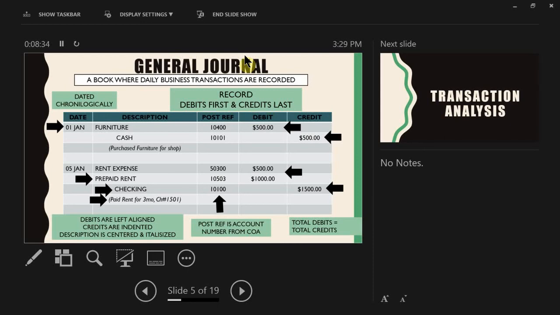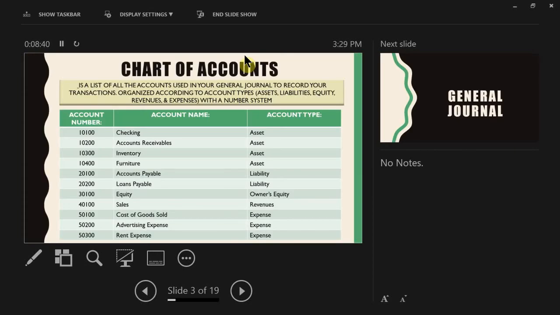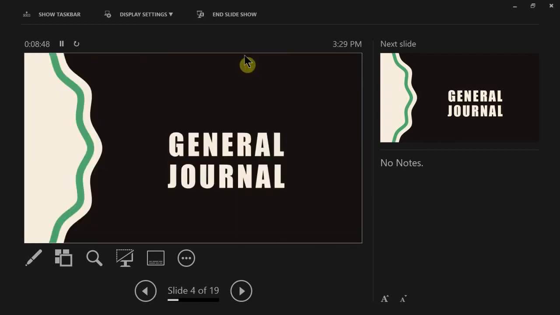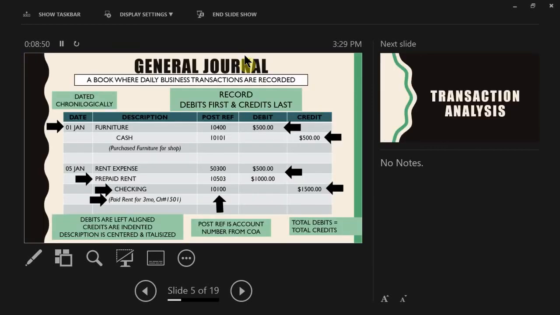For example, I have cash as 10100, right? If I go back to my chart of accounts, that's exactly what my account number is. It's 10100 for checking. In this case, I have it as checking, all right? But so on and so forth. So you're going to get your information for the post reference from your chart of accounts, and it's going to be associated to whatever account number they exist as, okay?